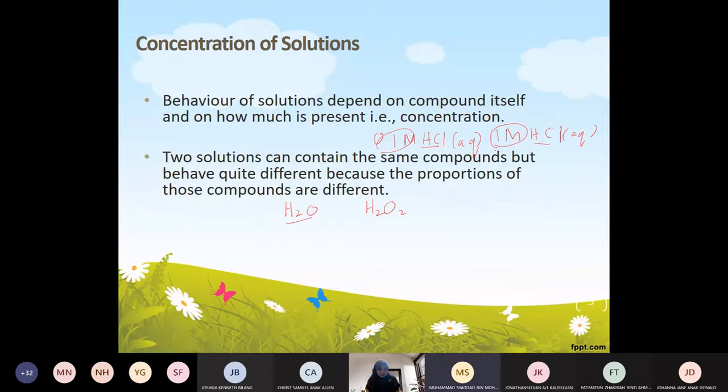Water. Yes, water. This one is peroxide. Both have hydrogen, both have oxygen, but the proportion is different. It has 2 oxygen, additional 1. So these will behave differently. Water is considered safe, but peroxide is not. So because of the proportion, it leads to different behavior of solution.